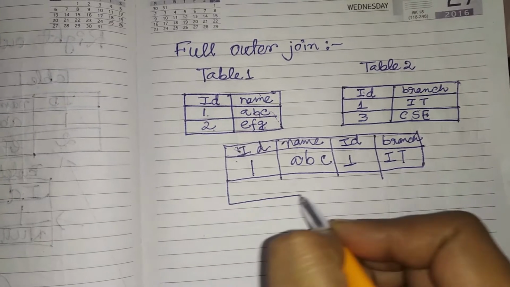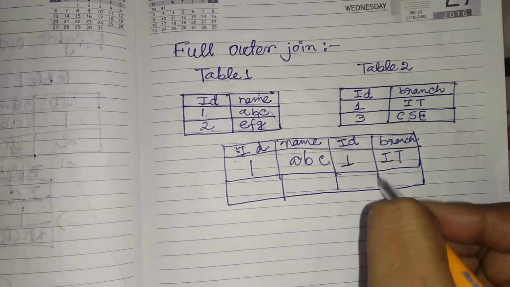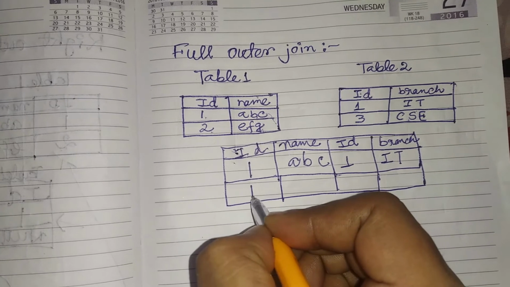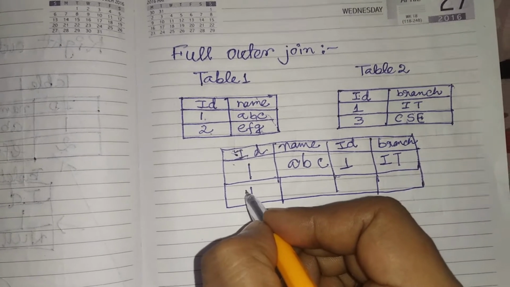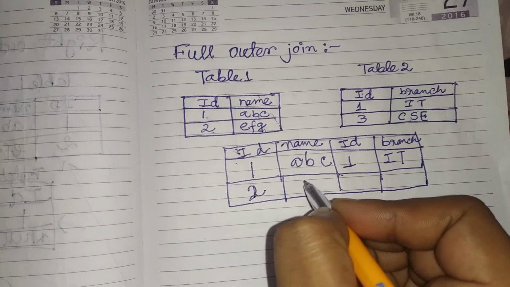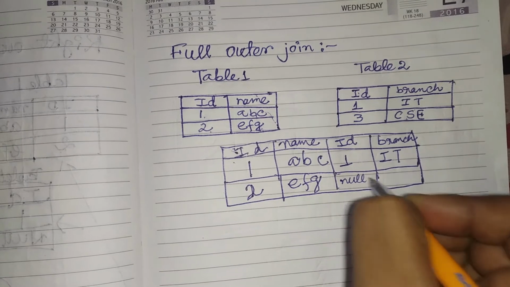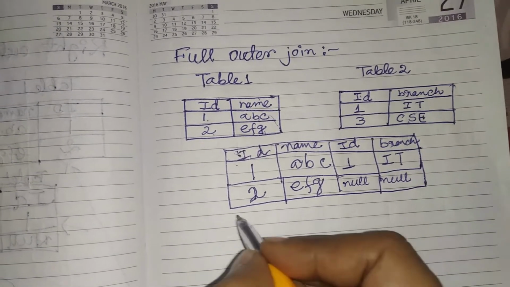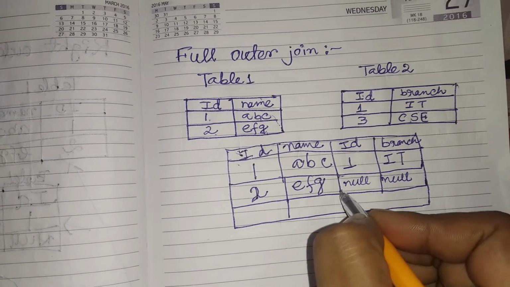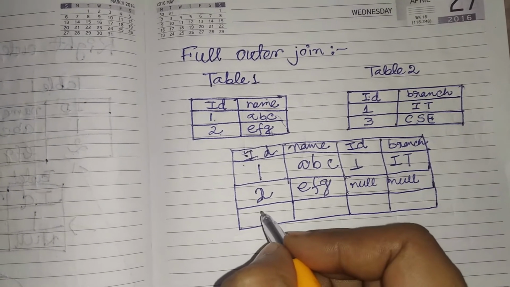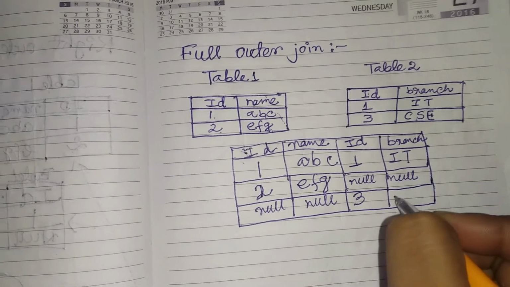Next one, left outer join: 1, 2 EFG, null. Right outer join: null, 3 CSC.